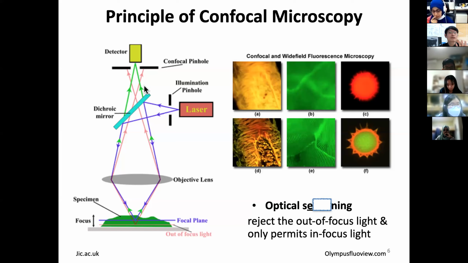That's the key concept. It's a very, very simple concept, right? So that's all. This way you can actually achieve only focal plane information. And you can actually move the focus up and down to take upper layer, lower layer imaging information. So that we call to reject out of focus light and only permit in focus light.